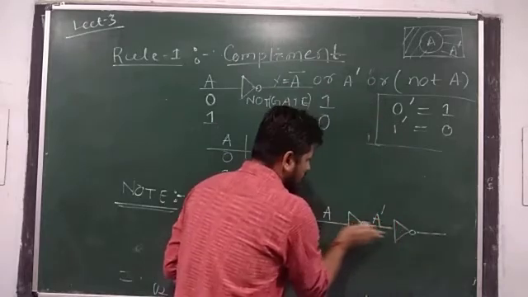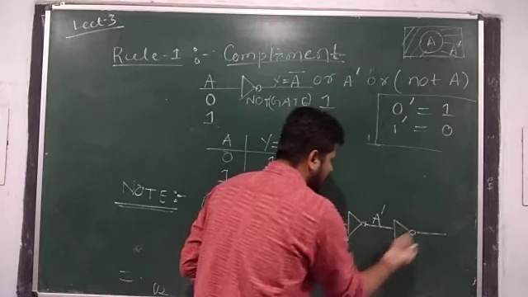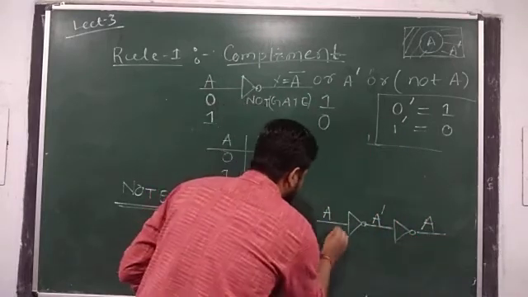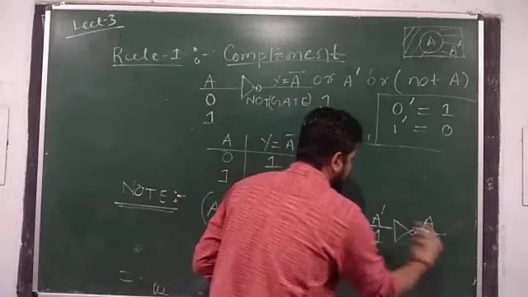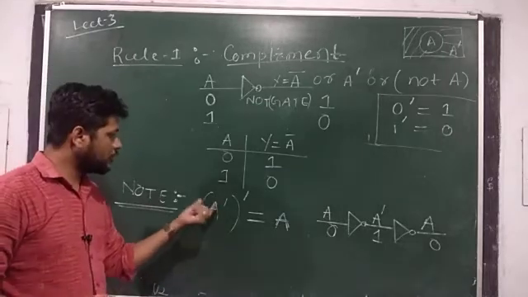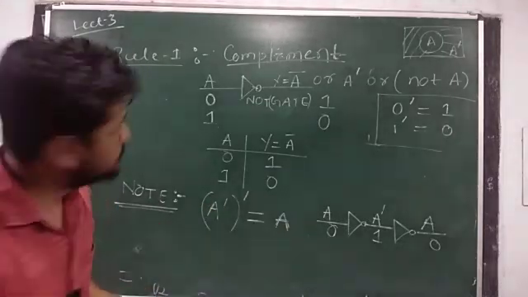Then I am applying A bar to the second NOT gate. What will be its output? That will be A. That is, if I apply 0, first gate output will be 1, then the second gate output will be 0. Hence, you need to remember the complement of complement is always equal to the original variable.